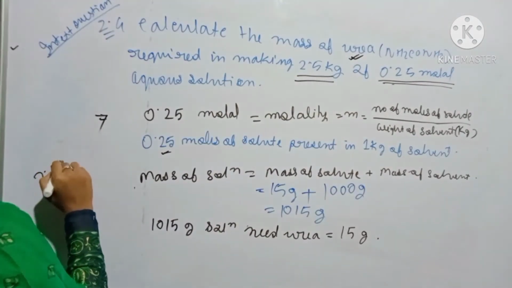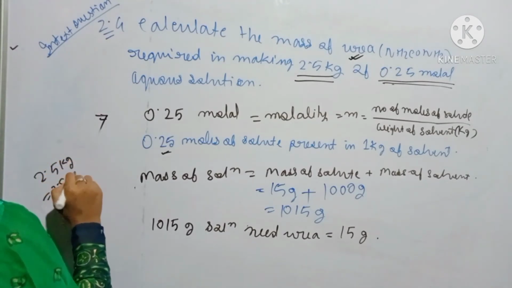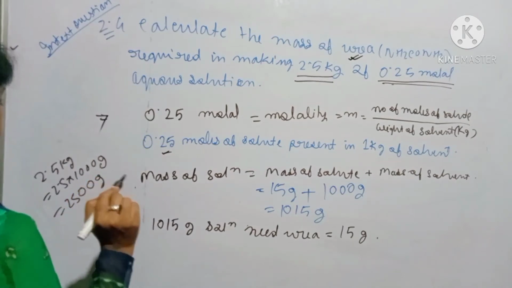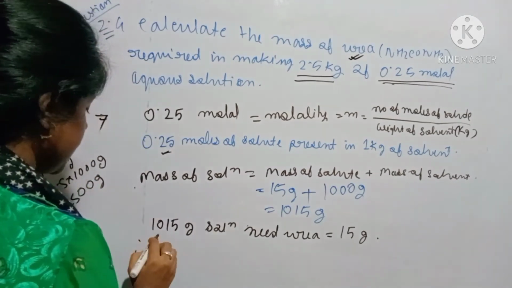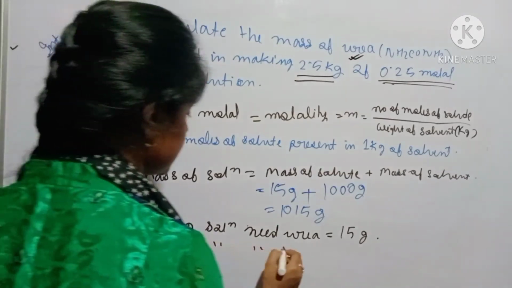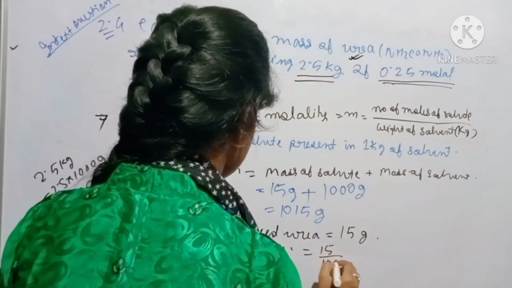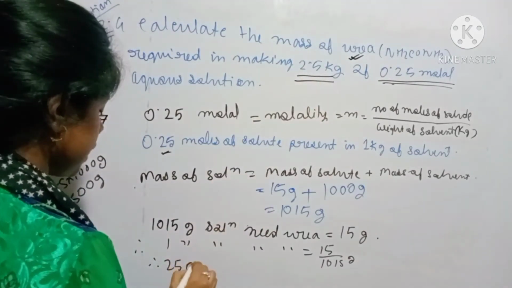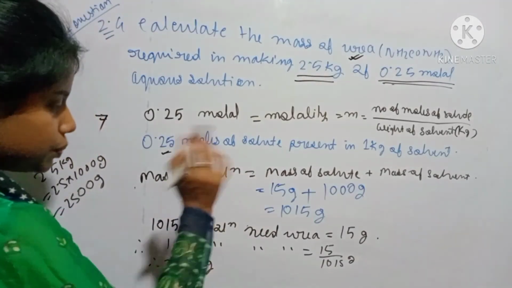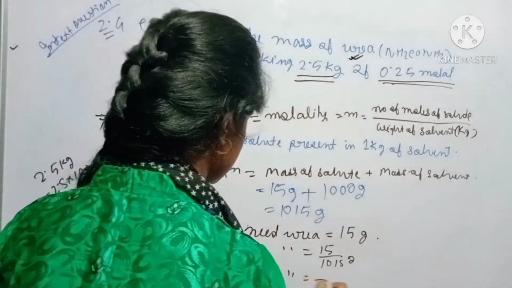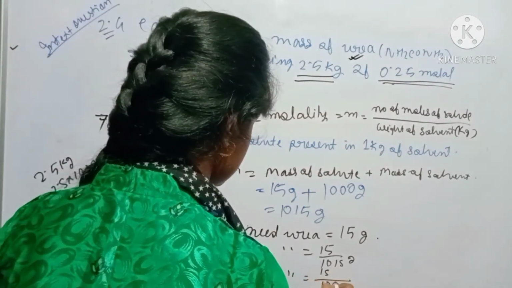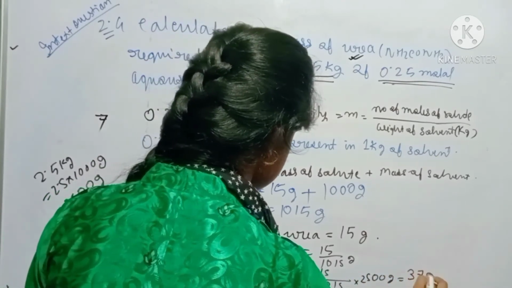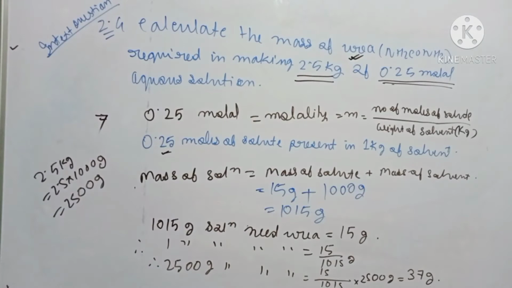Convert 2.5 kg into gram: 2.5 into 1000 means 2500 gram. If you want to make 1 gram, it needs 15 by 1015 gram. But if you want to make 2500 gram, that means 2.5 kg, then you need 15 by 1015 into 2500 gram, which is around 57 gram. So that's it for this question.